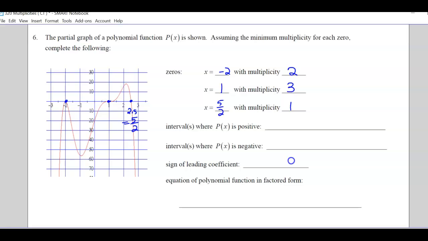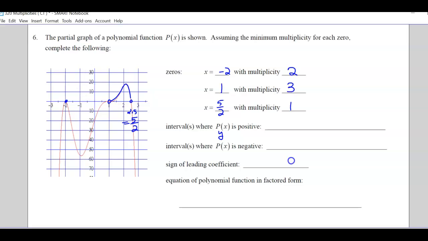Where is P of x positive? So P of x is like your y values. So what has positive y values? All of that part of the graph, but not at the actual x-intercepts, right? Because a positive isn't a 0. So in a way, it's all of these values here, which is going from 0 up to, oh, no, we're looking for the x's.